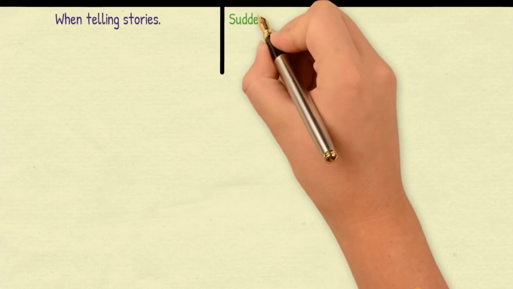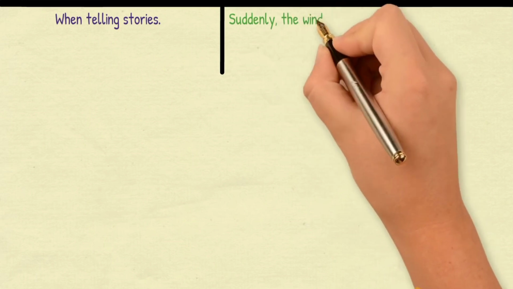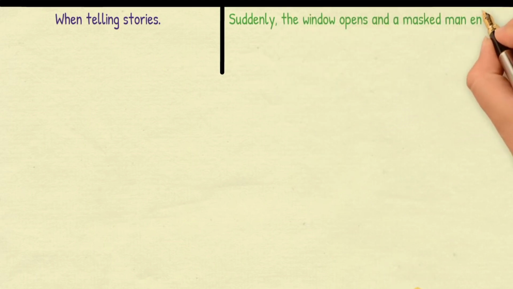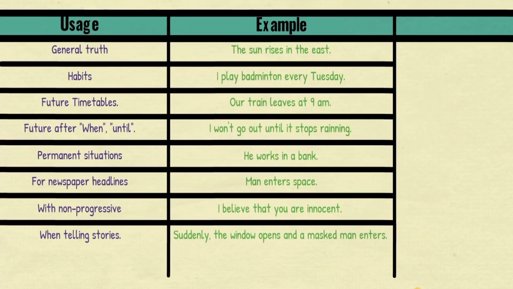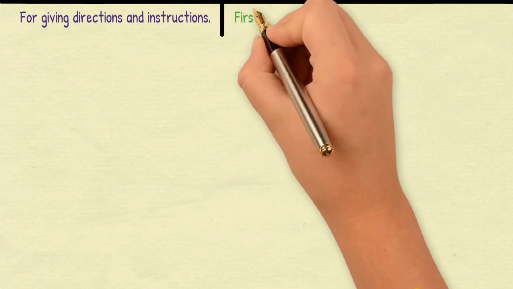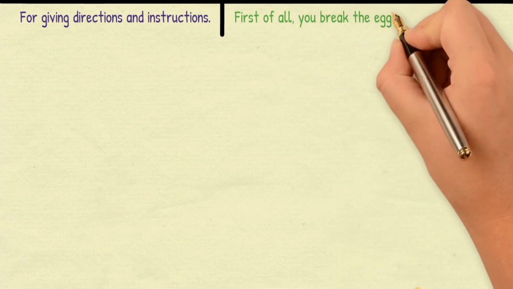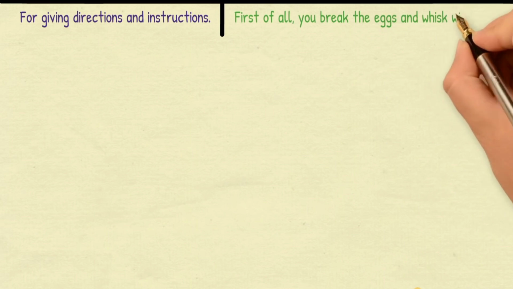When telling stories: suddenly the window opens and a masked man enters. For giving directions and instructions: first of all, you break the eggs and whisk with sugar.